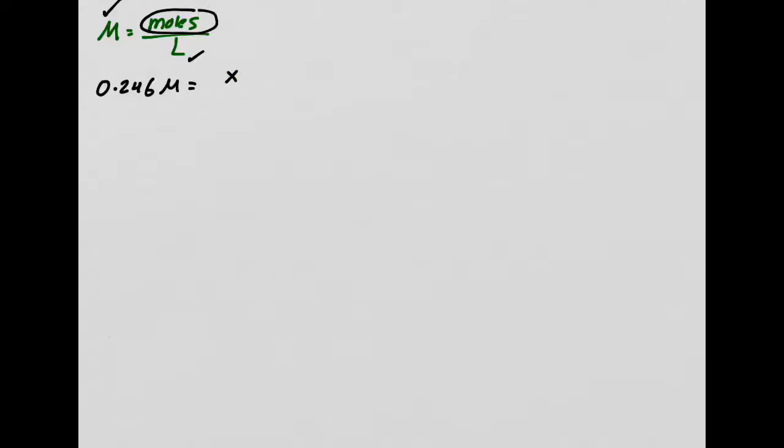I'm going to put X for moles, and the volume is 15.3 milliliters. But don't forget, molarity is moles per liter, so divided by 1,000, you have to convert it to liters. We're good so far. So X is going to be 0.003764 moles of cerium sulfate.